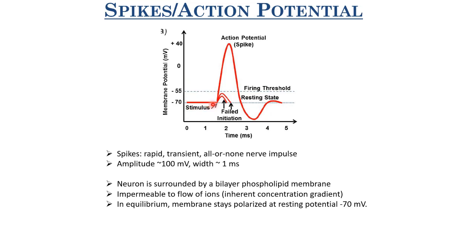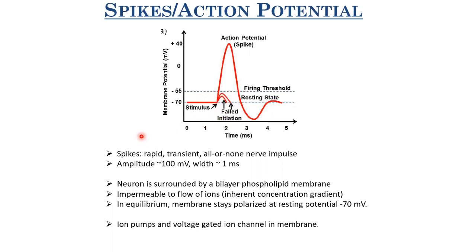If this stimulus increases in magnitude beyond minus 55, there would be an action potential spike generated. However, if the overall stimulus is not able to raise the membrane potential above minus 55 millivolts, there won't be any firing. This kind of situation is called failed initiation. We'll discuss it later in the next slide.